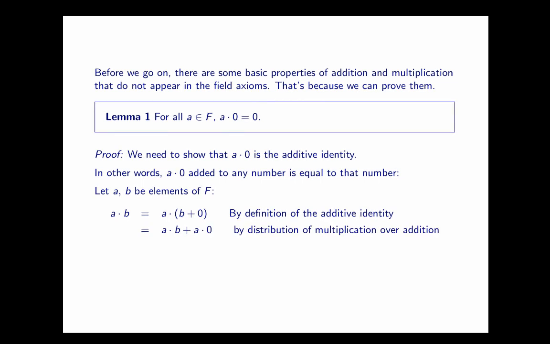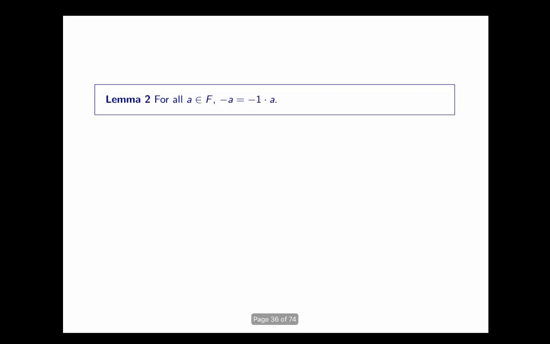And because I can distribute multiplication, this is a times b plus a times 0. So a times b equals a times b plus a times 0. Therefore, a times 0 is the additive identity. Meaning a times b plus a times 0, or 0, is a times b. We've proven our result.